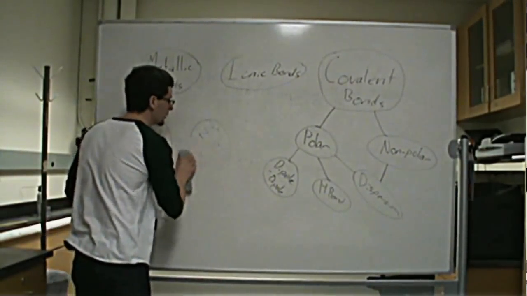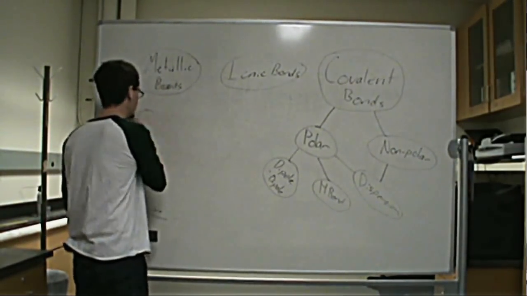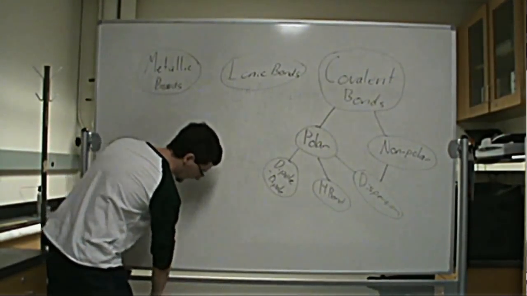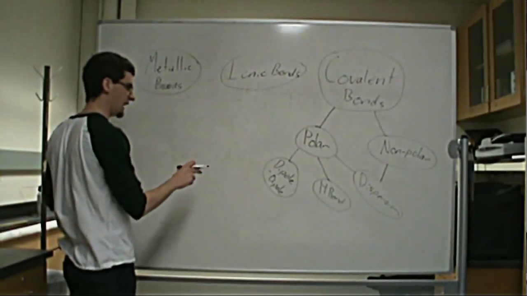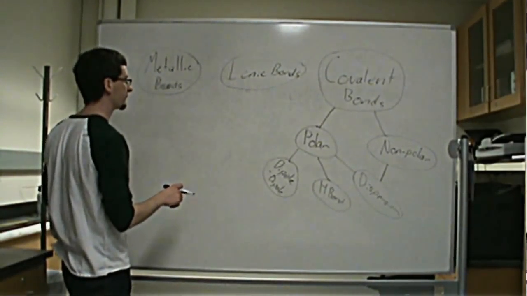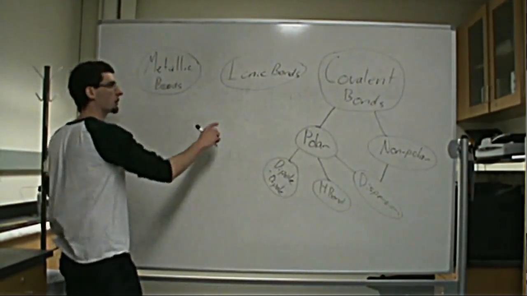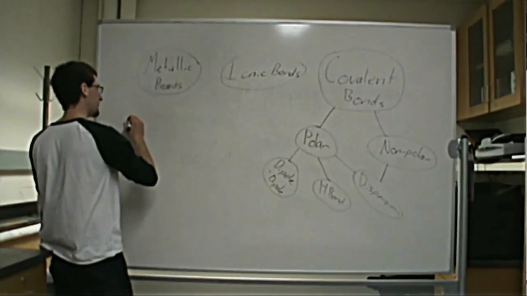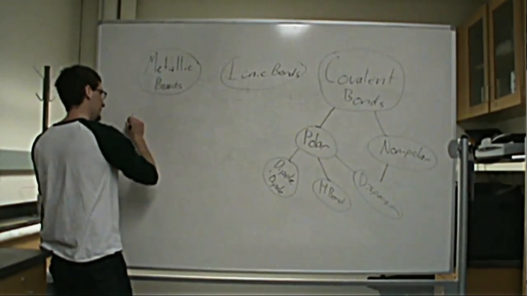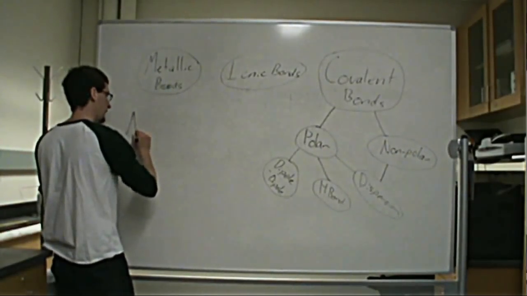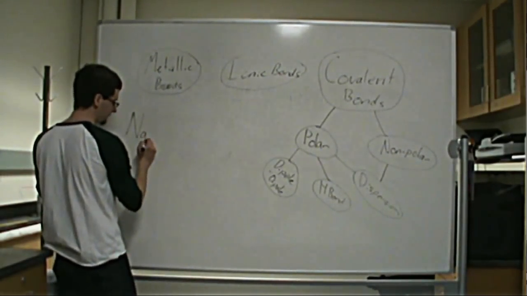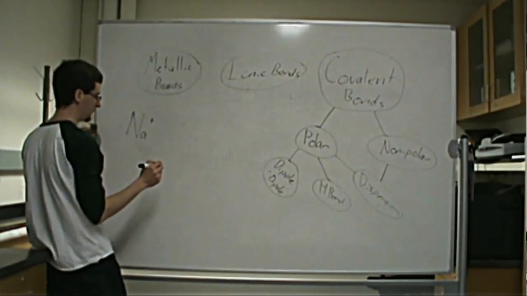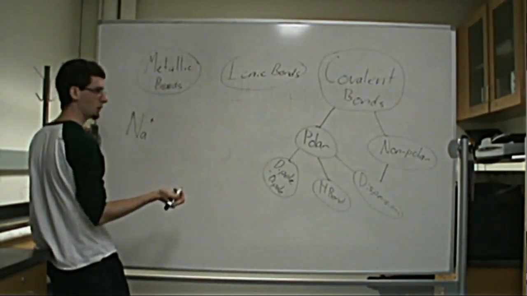We have left out one more interaction. And this is the interaction of a dipole with an ion. So it's actually a cross between ionic bonds and covalent bonds. So what ends up happening here is it's something along the lines of sodium, which is positively charged, and we have something that is covalent in nature.